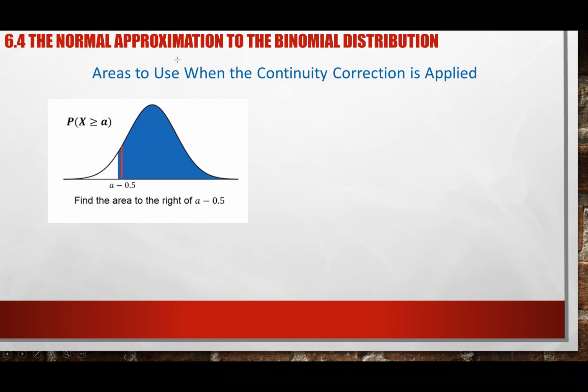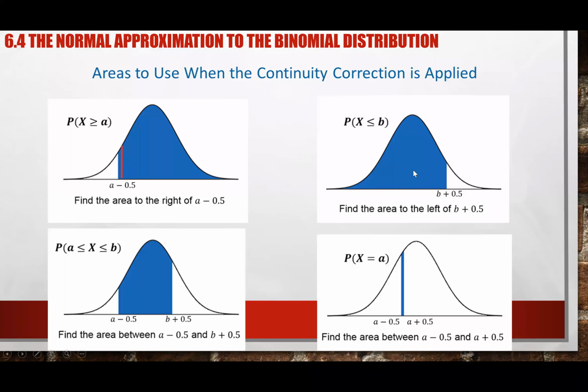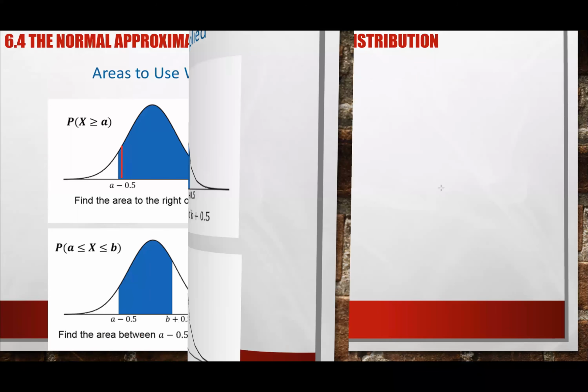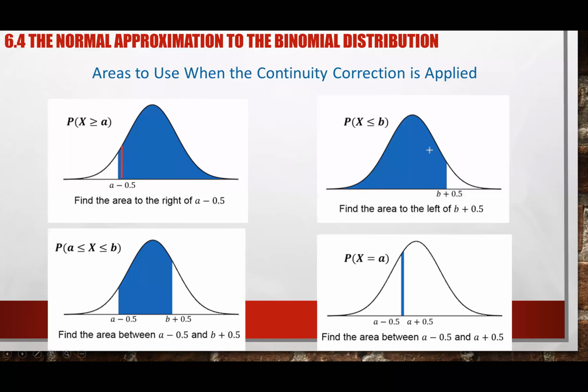And again, if I look at the next 3 slides, you will see that if we're looking for the area to the left and you include the endpoint, you need to make it bigger. Let's say this is your endpoint somewhere here, and you need to include the endpoint.